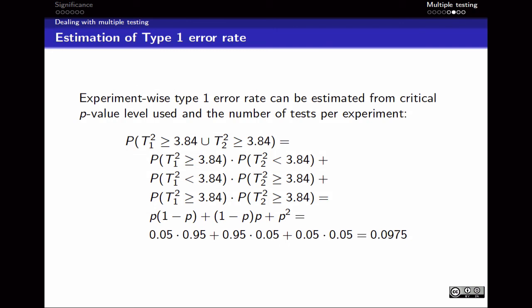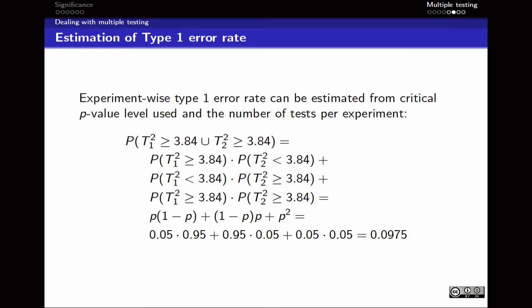From very basic probability theory, we know how to compute the probability of union events. What we are interested in is the probability that the test statistic from test 1 is greater than or equal to 3.84, or the test statistic from test 2 is greater than or equal to 3.84.